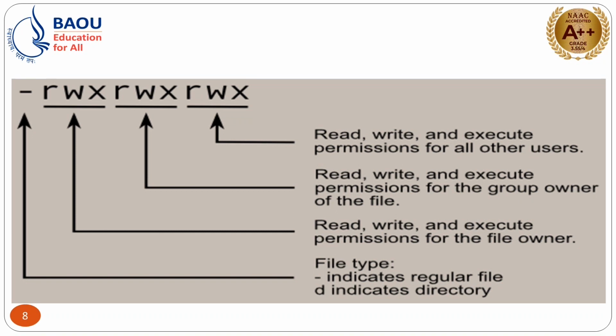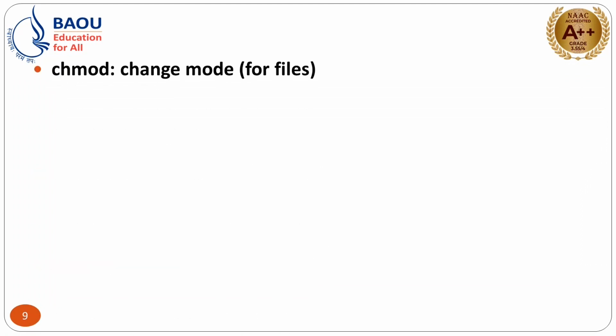The next 3 letters RWX represent the group the file belongs to, and that group has all 3 permissions. The other users apart from the owner and the group can also have 3 rights, RWX, that is read, write and execute. So you can change these accordingly with the options that we will see practically one by one.